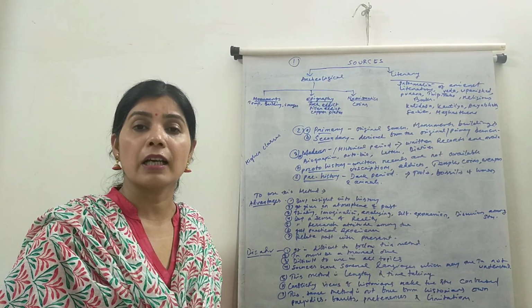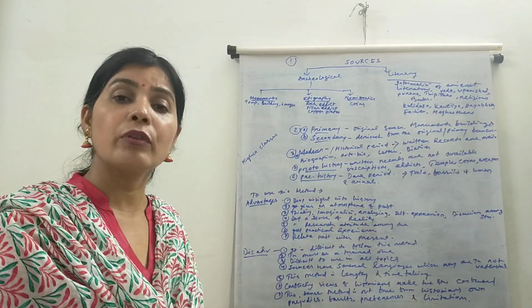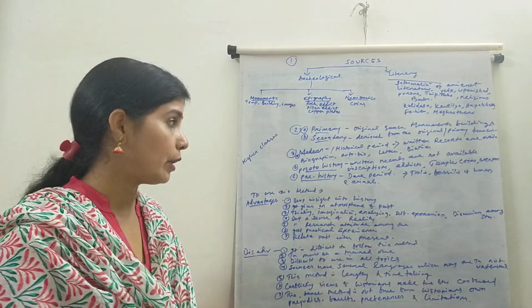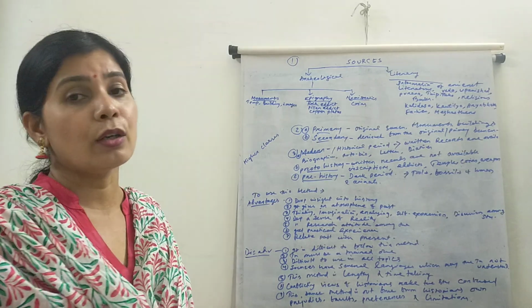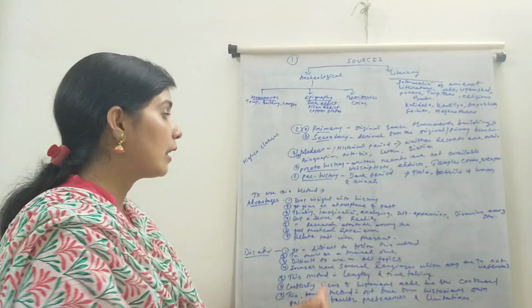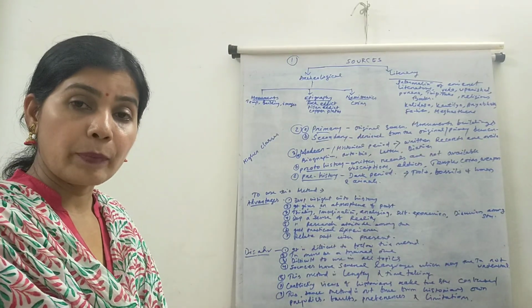Then in the proto-historic period, there are no written records available. So how can we elicit information about that period? Through inscriptions, edicts, temples, coins, etc. Then the prehistory period.